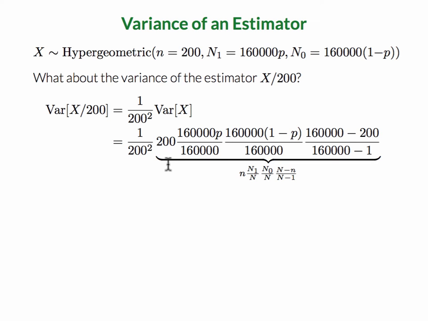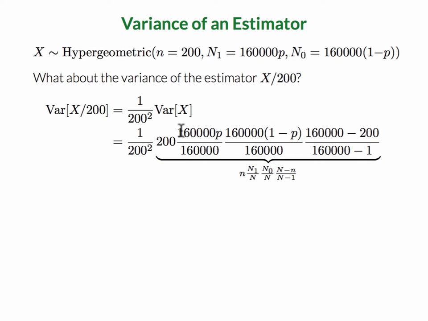So we just plug numbers into the formula. The formula for the variance of a hypergeometric is n times n1 over N times n0 over N times this finite population correction factor. So we have 200 times P times 1 minus P times this finite population correction factor.